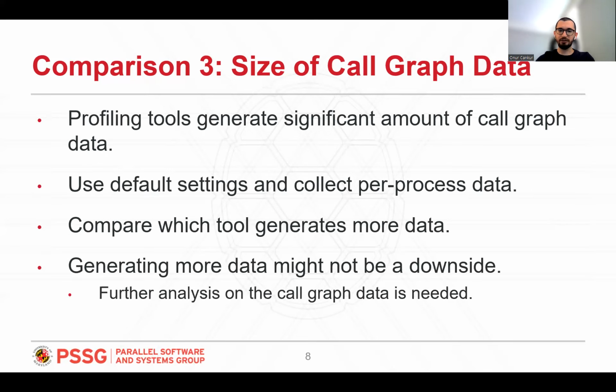However, generating more data might not be a downside. If the tool that generates the largest amount of data also generates the most detailed data, then it's not a downside. So further analysis on the call graph data is needed.